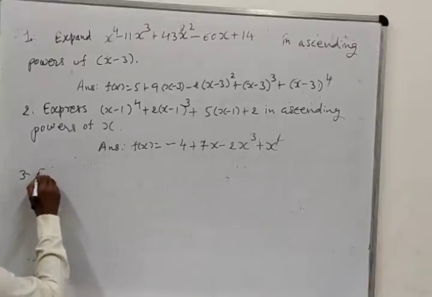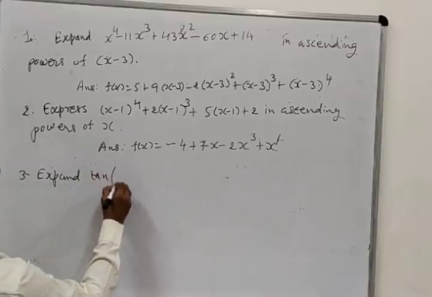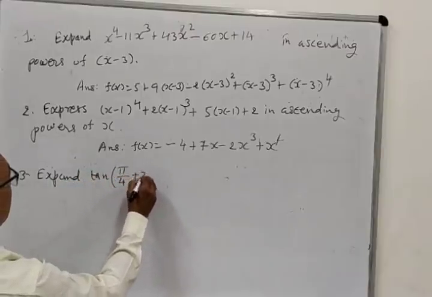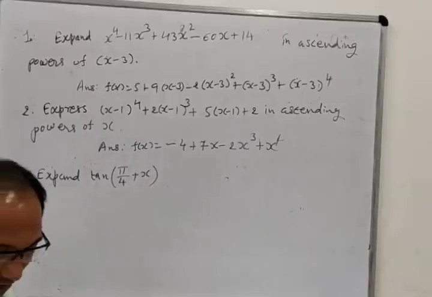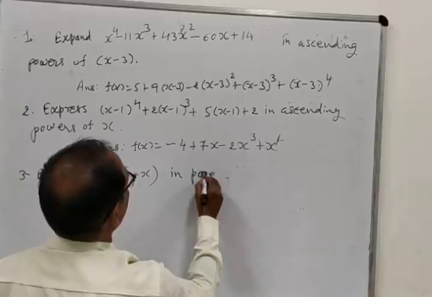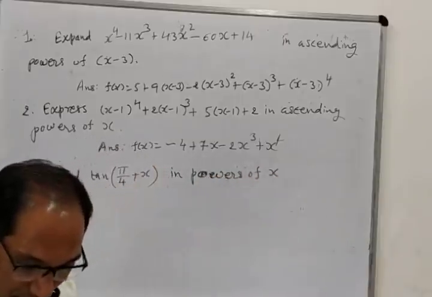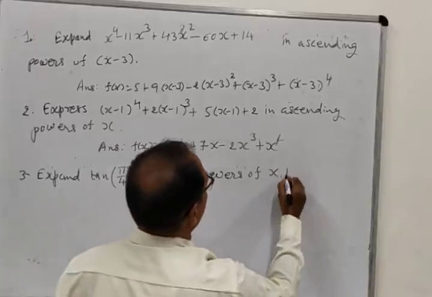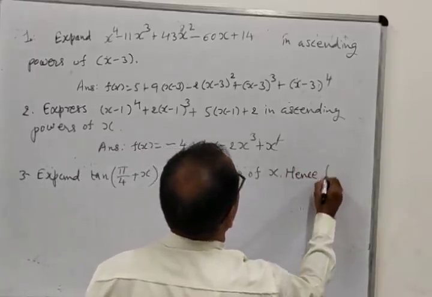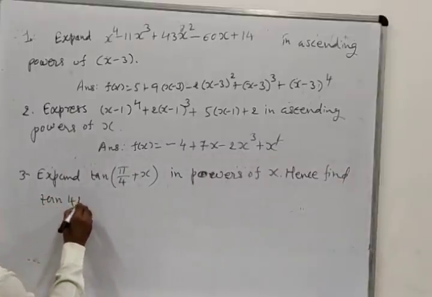Third example: expand tan of pi by 4 plus x in powers of x, and hence find tan 44 degree.